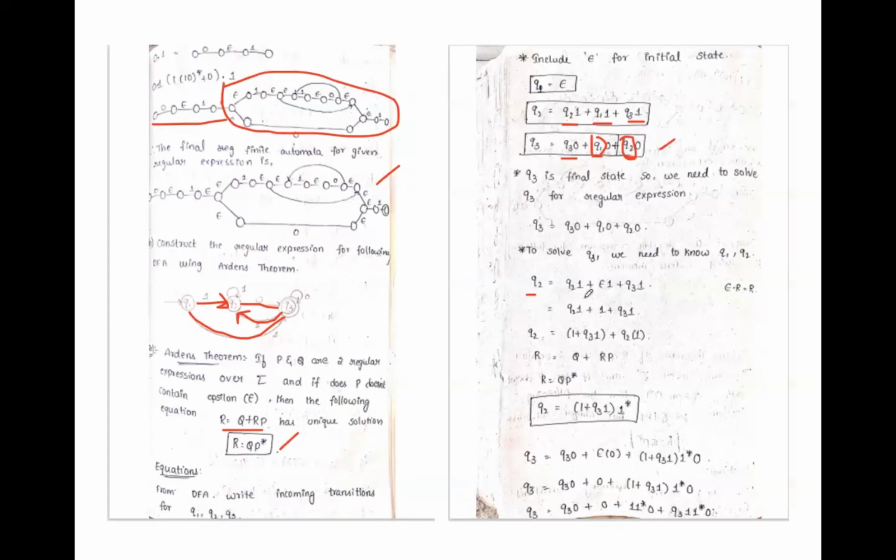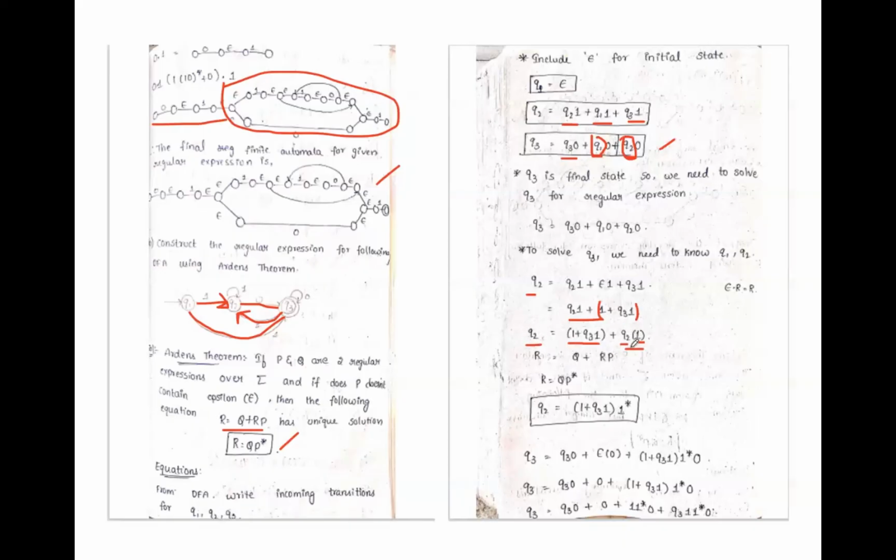So this can be written as Q2 dot 1 plus epsilon dot 1, which is 1 only, and Q3 on 1. This can be written as 1 plus Q3 1 plus Q2 1. So this is in the form where Q2 is R. If you take Q2 as R and this 1 as P, then this complete part becomes Q. So this is in the form of Q plus RP.